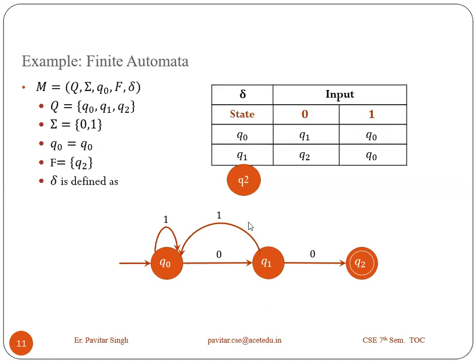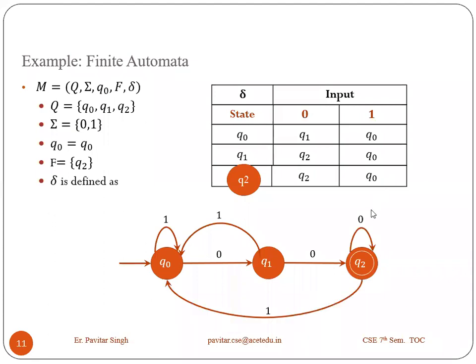And upon the processing of 1, it goes to Q1 itself. Q2 is your final state, which is why I have drawn a double circle on Q2, right? Q2 upon the processing of 0 goes to itself, so a loop will be there. Q2 upon the processing of 1 goes to Q naught, right?